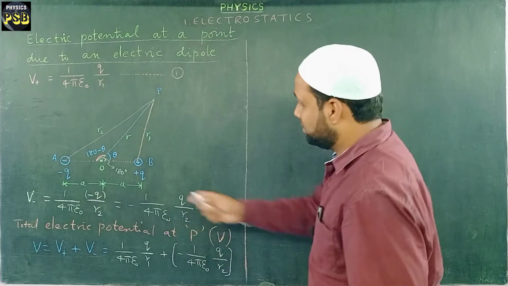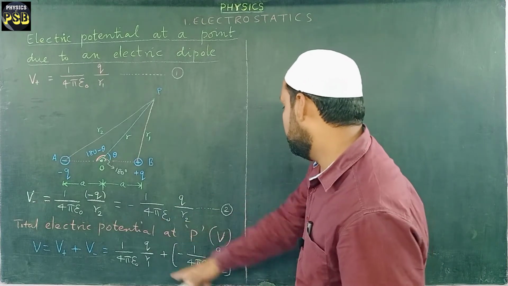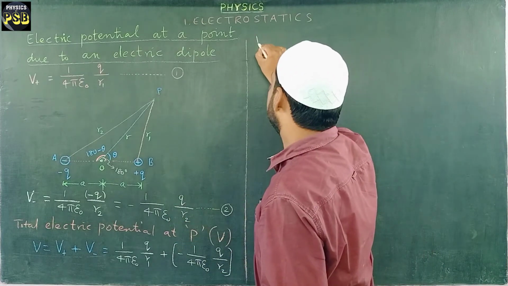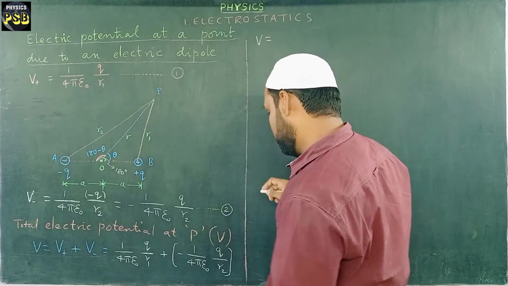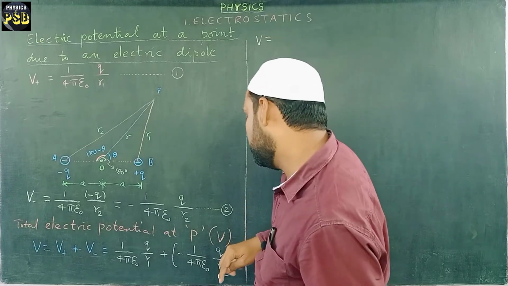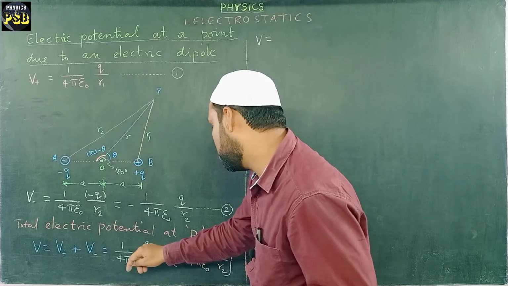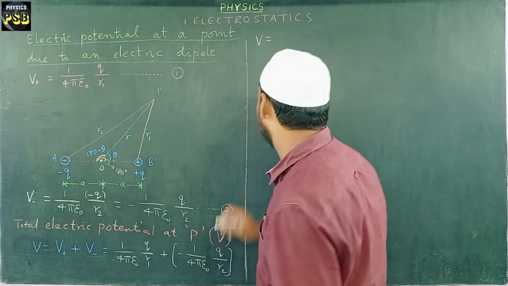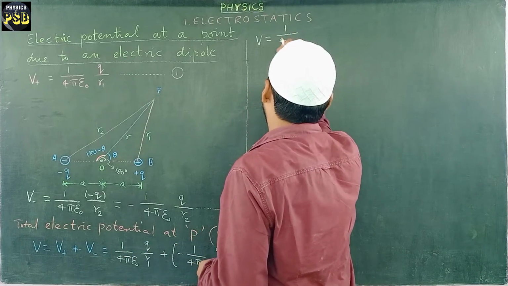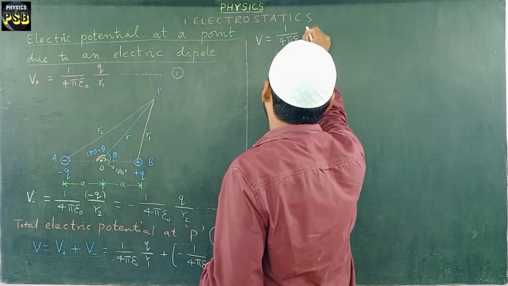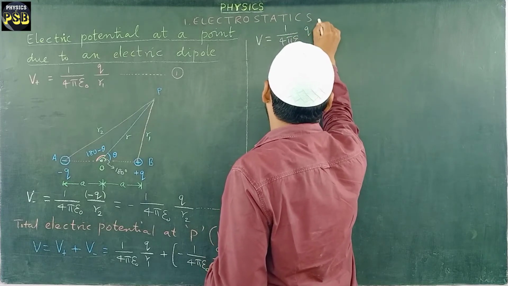Now after that, I simplify this. V equals, what is common here? The common term is q upon 4 pi epsilon naught. I read it like this: 1 upon 4 pi epsilon naught multiplied with q.